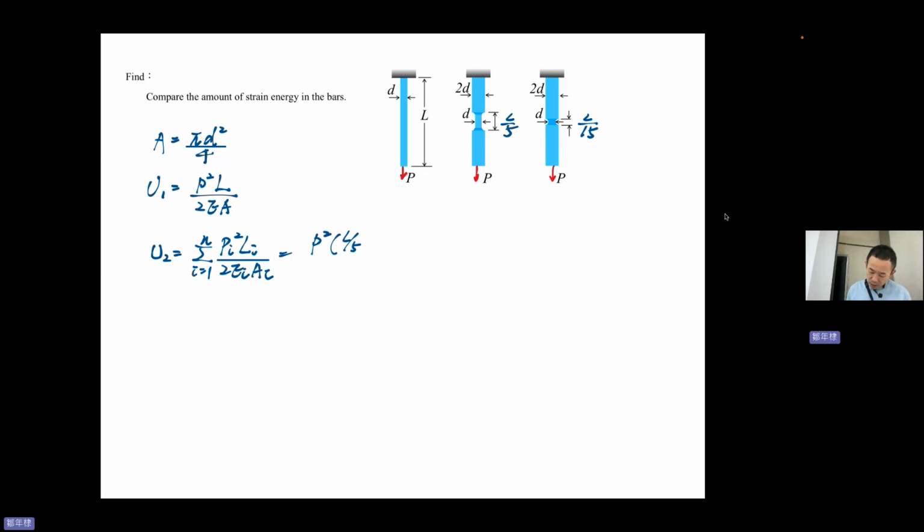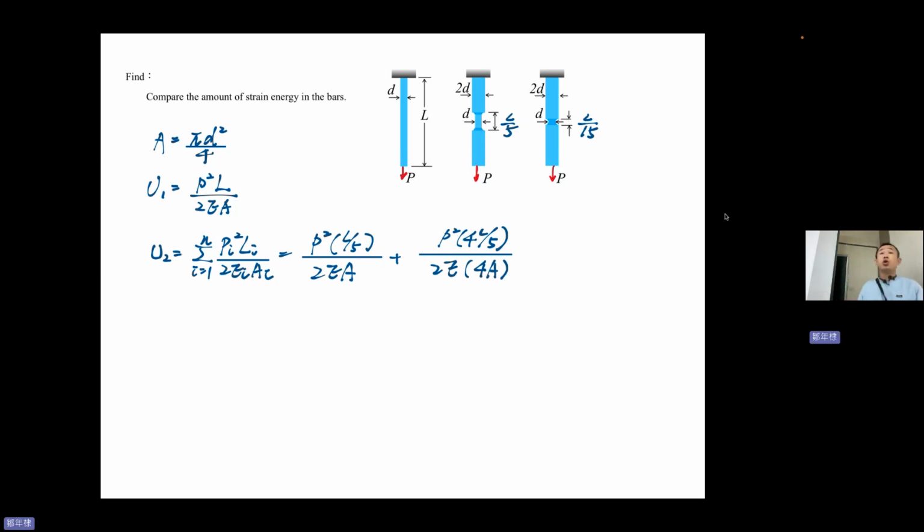So P squared L divided by 2EA, plus P squared 4L/5, the remaining part, divided by 2E, okay, now 4A.